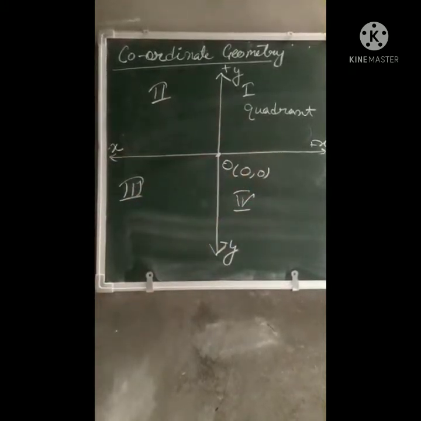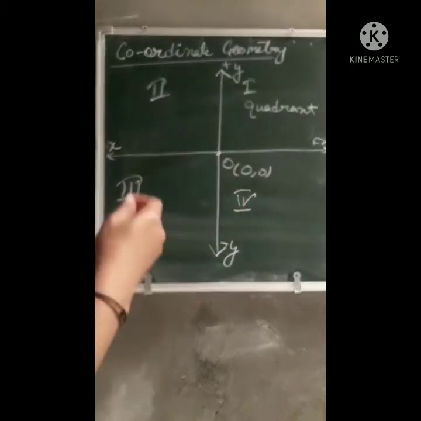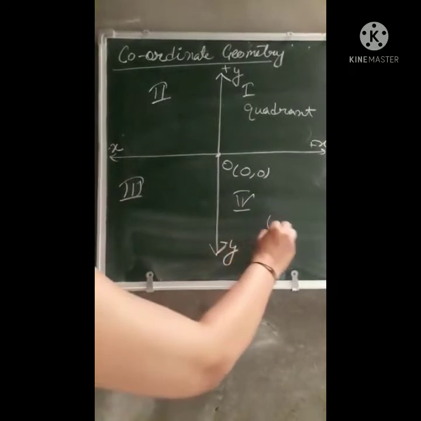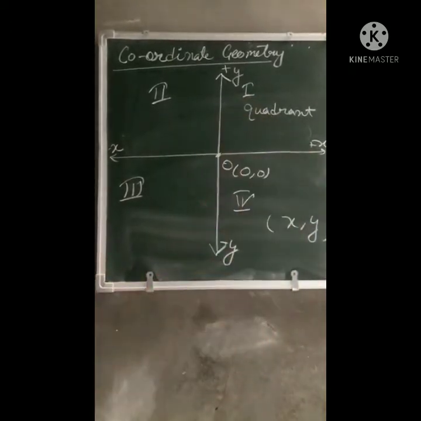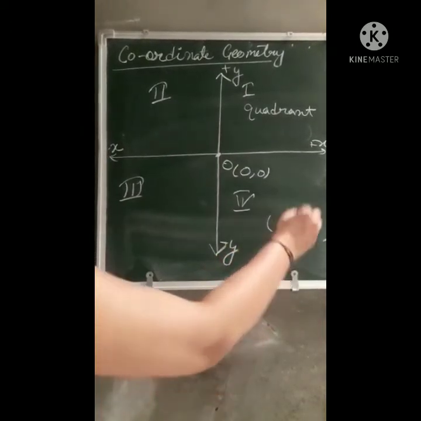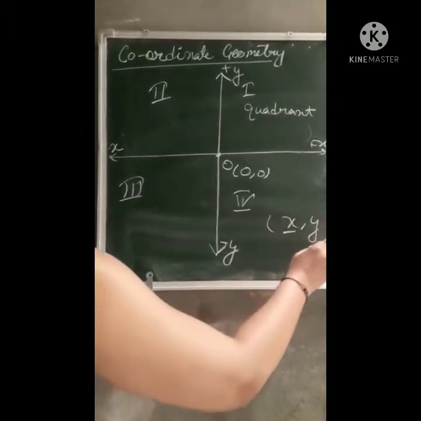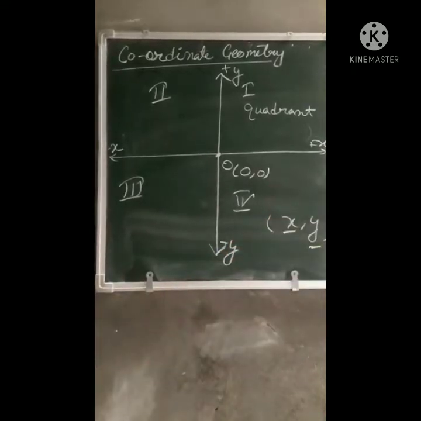Now we are going to locate points here. So x and y are what we have to locate. The x value is called the abscissa and the y value is called the ordinate.